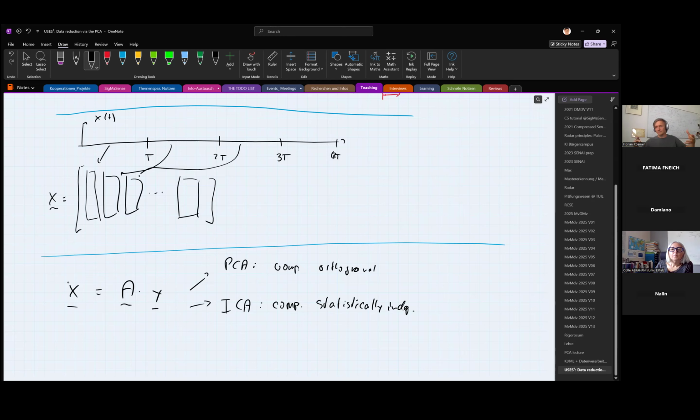If the physical source of the signal you're looking at is a different one, then there is actually no reason why they should be statistically correlated. So more often than not, they are independent, and then it's easier to hope that they show up in different components. But there are many other blind source separation techniques that do this.